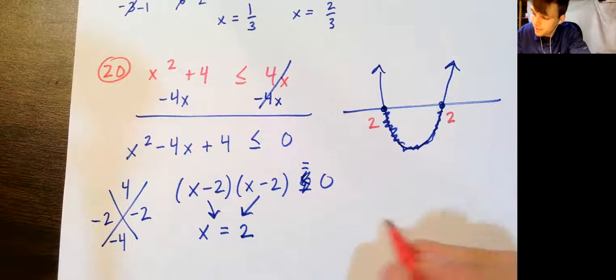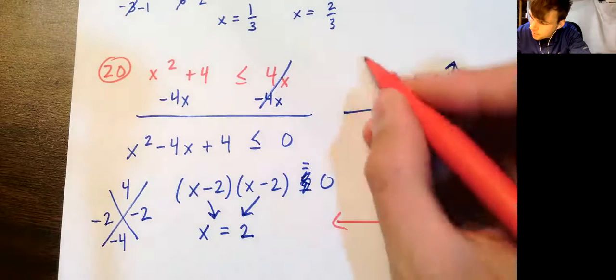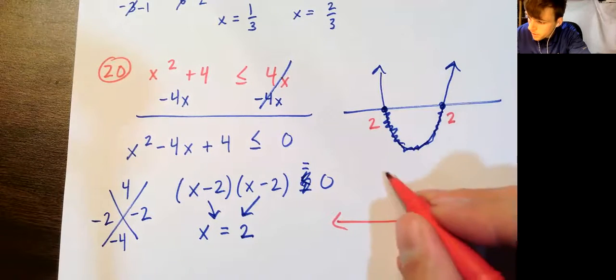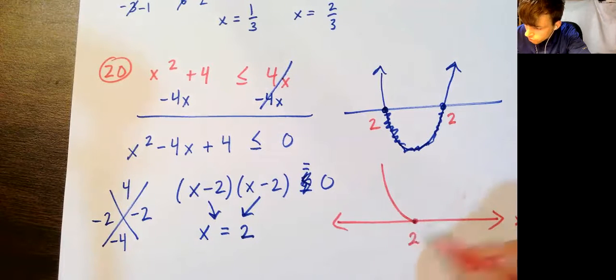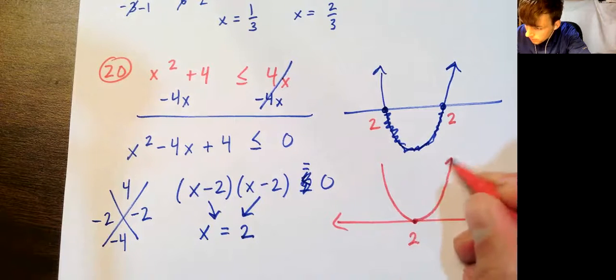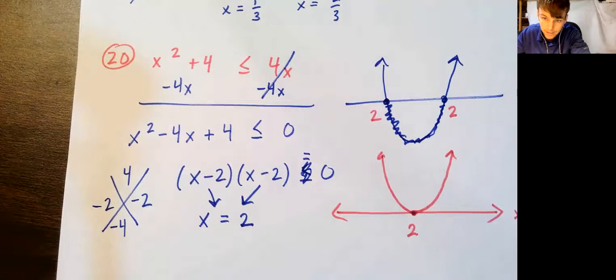What it actually means is this. We have our x-axis, and this parabola does not dip all the way below it. What it does is it comes down, touches it at 2, and then goes back up. So it never actually goes below the x-axis. It's equal to, but it never goes below it.